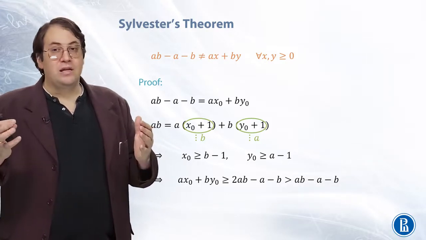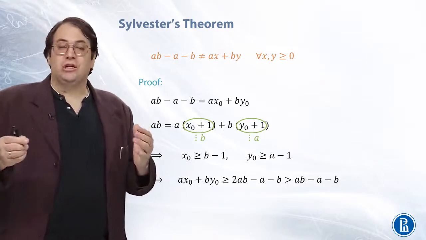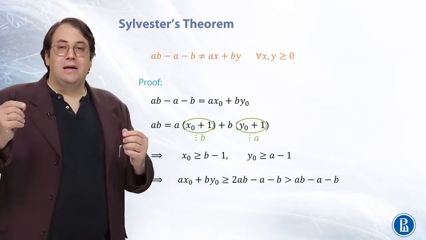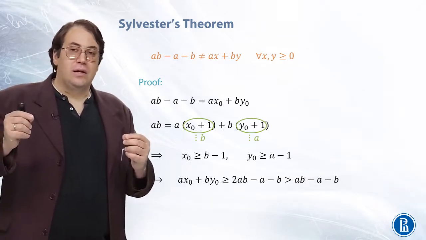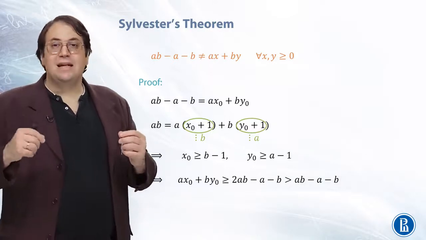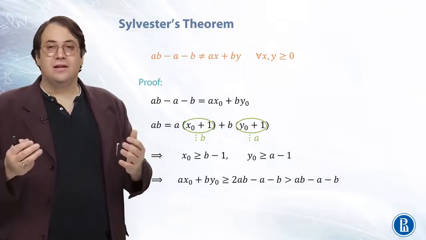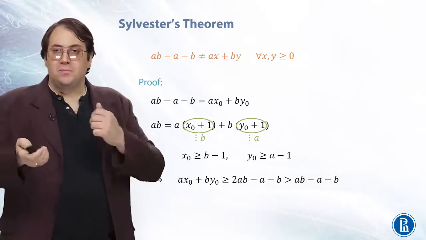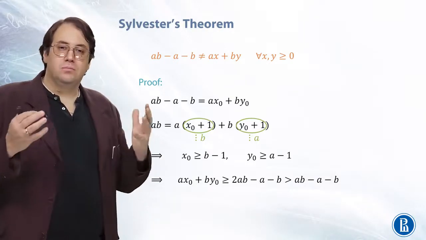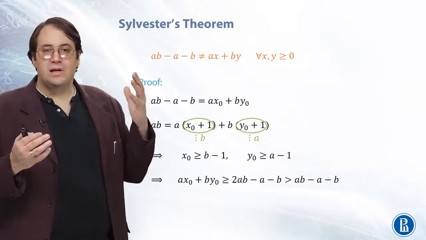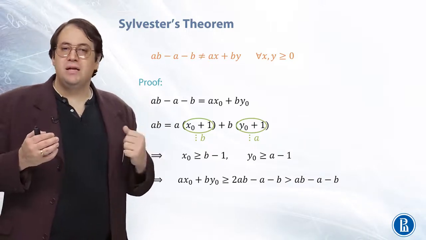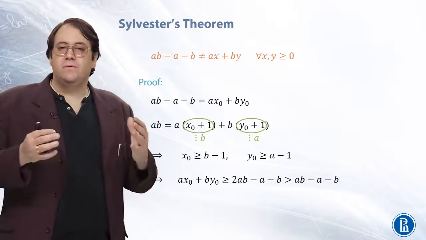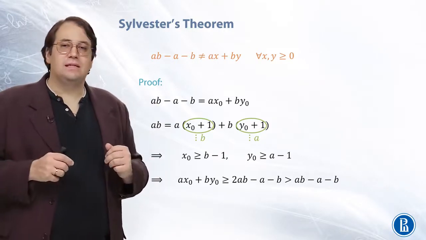But then we need to prove that any integer greater than ab minus a minus b can be represented as a non-negative linear combination of a and b. The first part. We will prove that ab minus a minus b is not equal to ax plus by for any non-negative x and y.